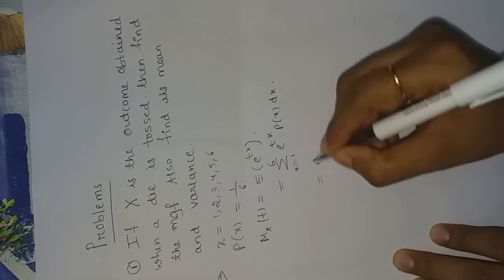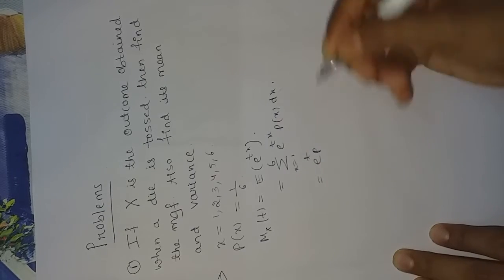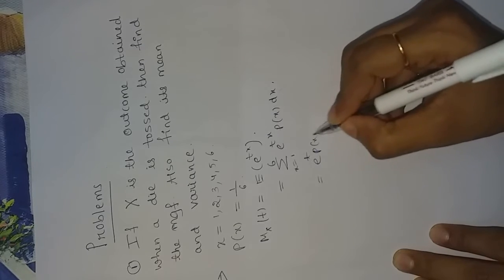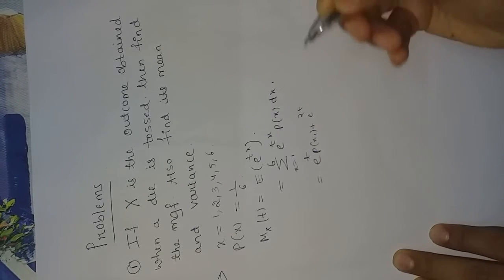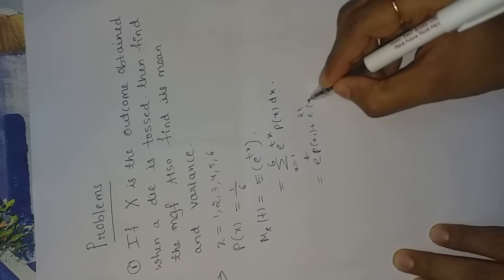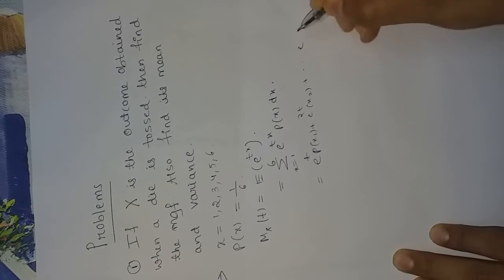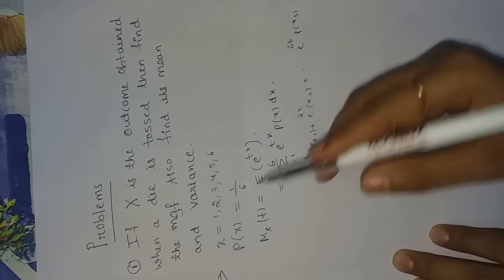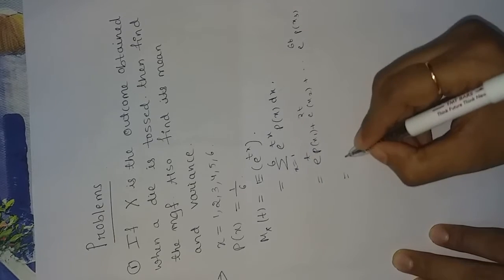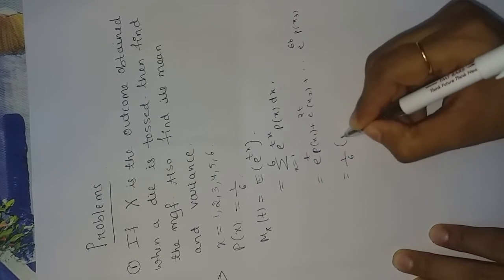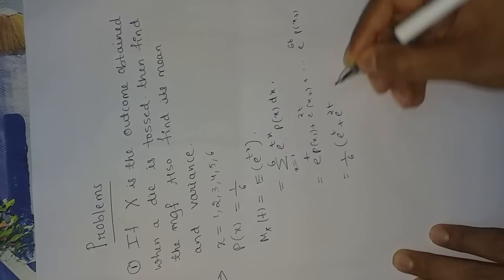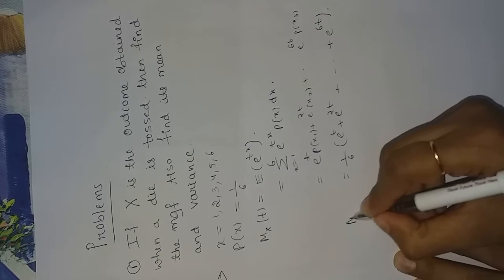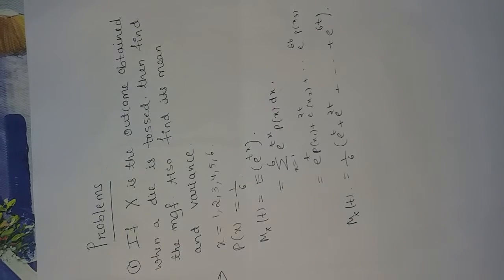That is e power t probability of x1 plus e power 2t probability of x2, and so on, e power 6t probability of x6, and the probability of each x is 1 by 6. So we get 1 by 6 into (e power t plus e power 2t, and so on up to e power 6t). So this is the moment generating function of the given random variable.